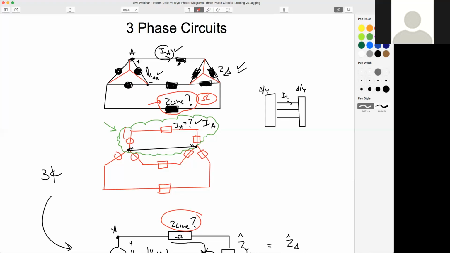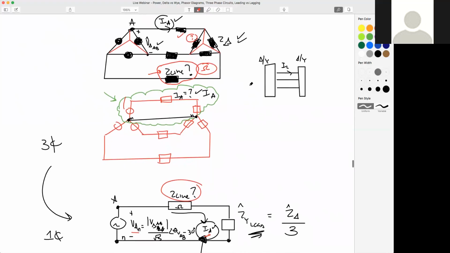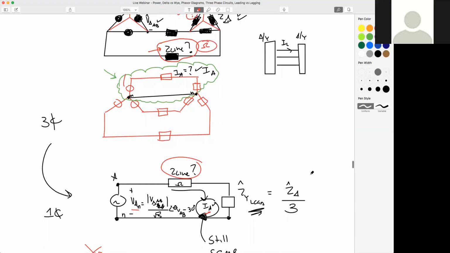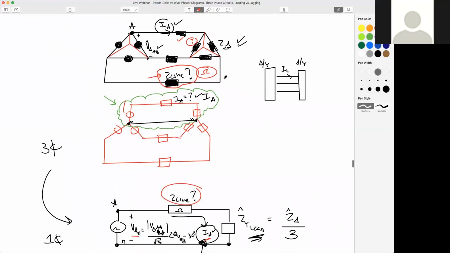What if we knew our line impedance, right? What if we knew this one, but we didn't know our delta? Then we wouldn't have done a source transformation until the very end. Here, when we were solving for our line impedance but we knew our delta impedance, we did a Z delta to Z Y transform.